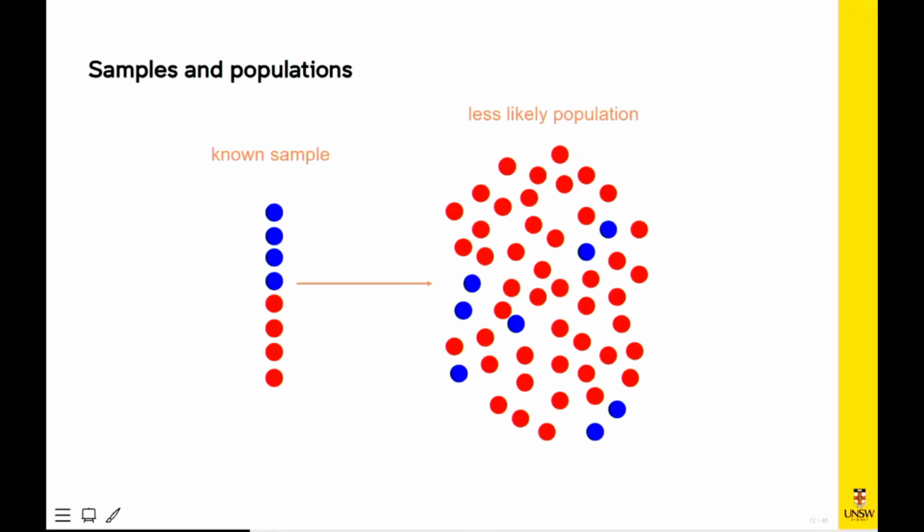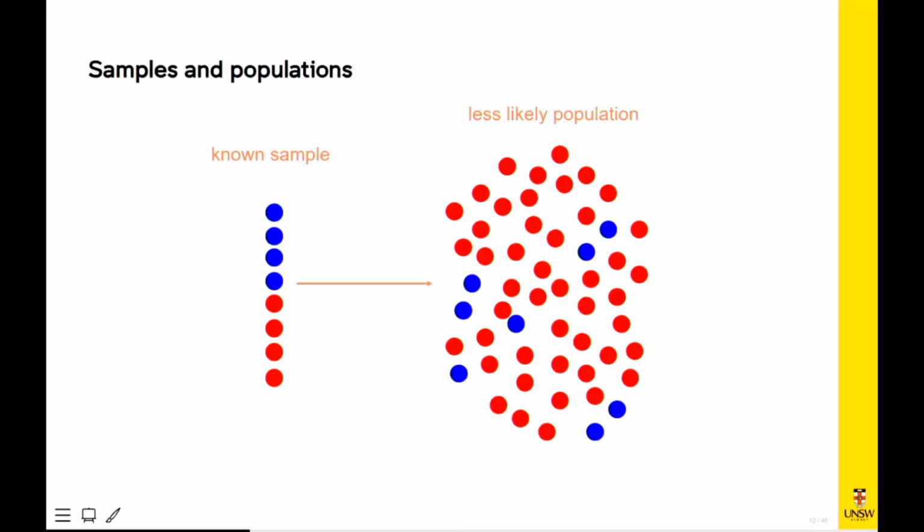Once again, I could have a population where I actually have much more red than blue, but it's less likely that my larger sample of 8 is going to end up with 50-50 if the population actually looks like this.